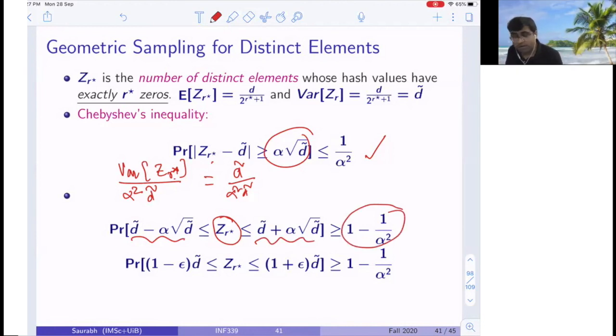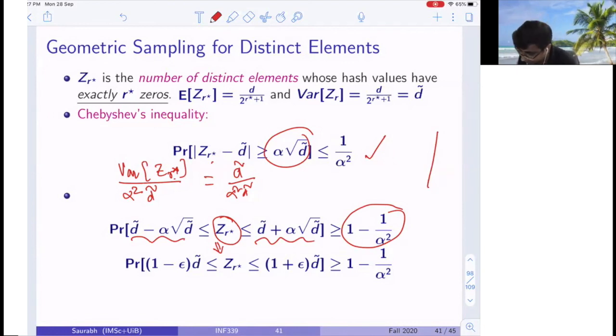But what did we choose our D hat to be? This is exactly the reason why we were choosing it. So how much can it vary from its standard deviation? If it is 1 over epsilon square, then it can only vary by 1 minus epsilon. So this is what is happening here. So from here to here, how do we get it? Of course, I'm simplifying several things.